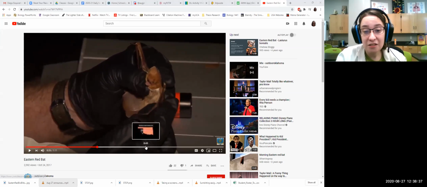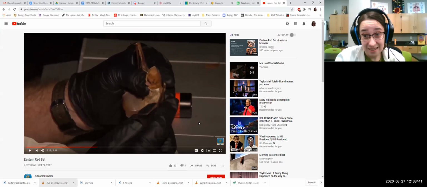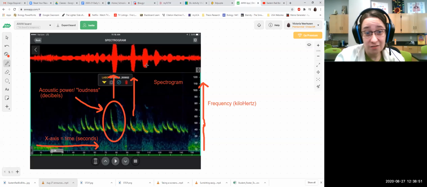If you listened closely, you could hear the little clicks that he's making. Those are part of the bat calls, and a click would be an individual curve.